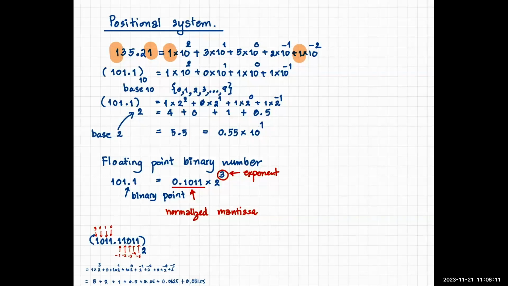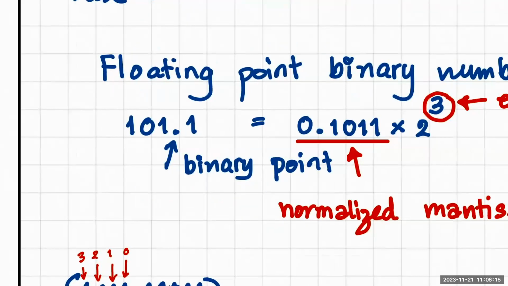The integer part means the number that stays in front of the decimal point. For example, 101.1, where this is the binary point. It is the same thing: the number in front of the decimal point or the binary point gives you the integer.